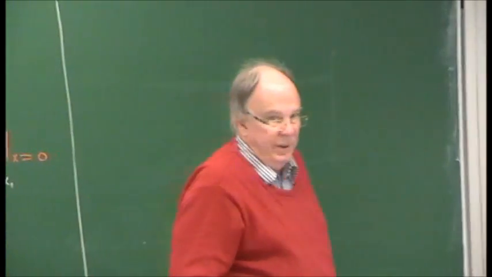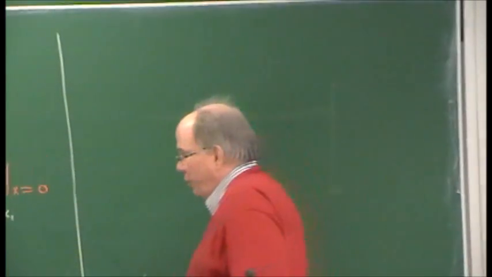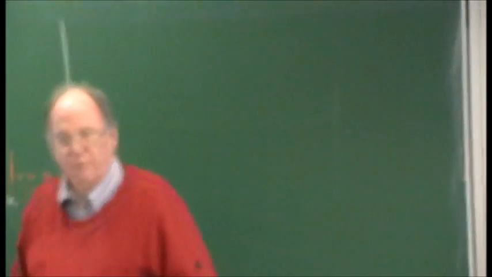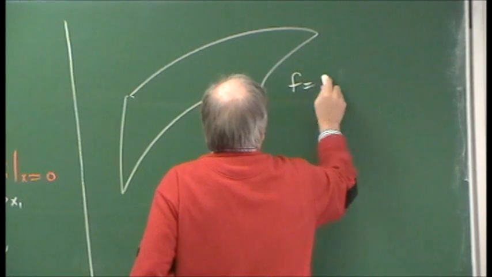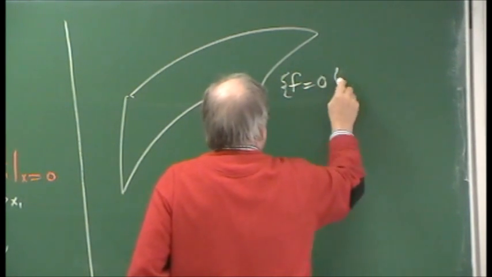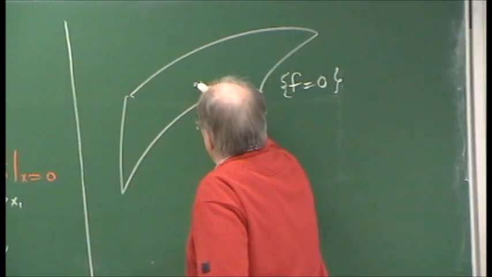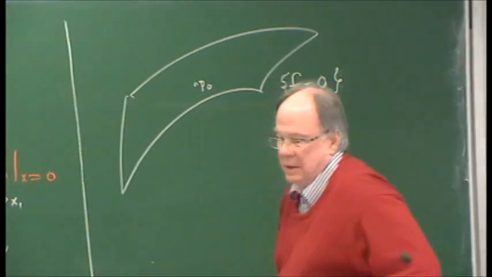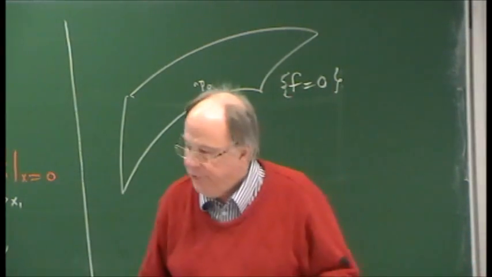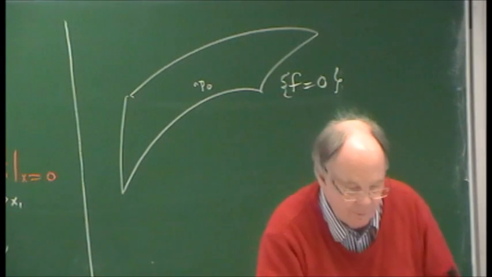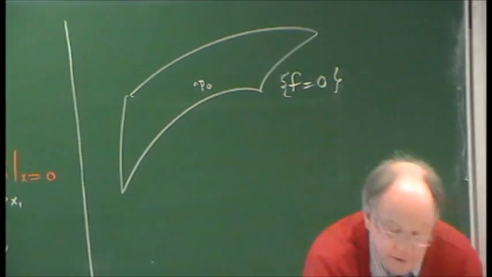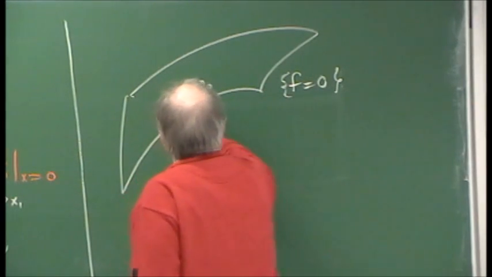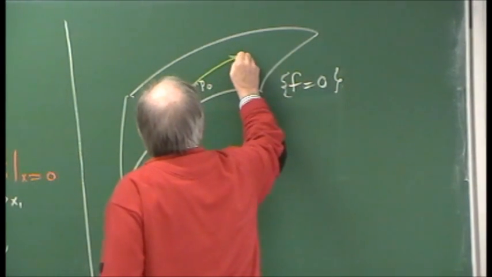Well, I'm going to draw another picture. I'm just showing you all the pictures I have in my brain. There are very few. This is f equals 0. Here's the point p0. And in there we have curves. So curves define tangent vectors. So we have some curve here.